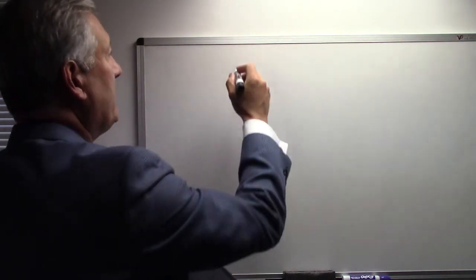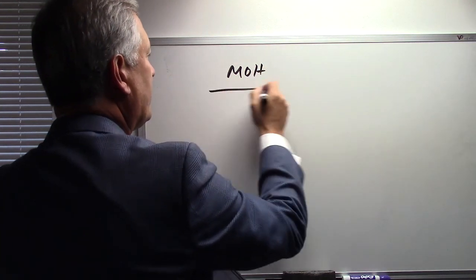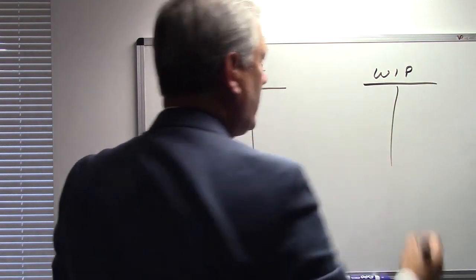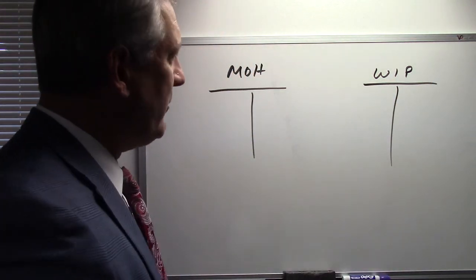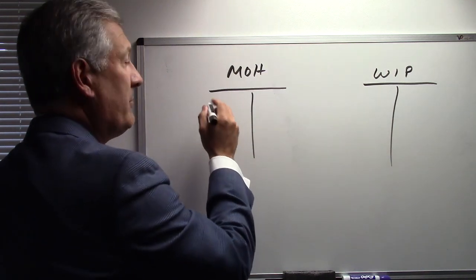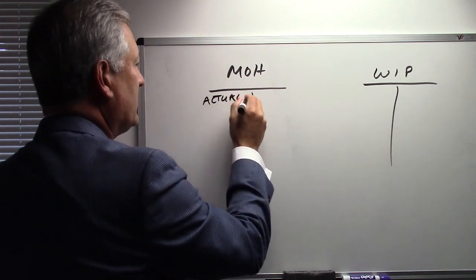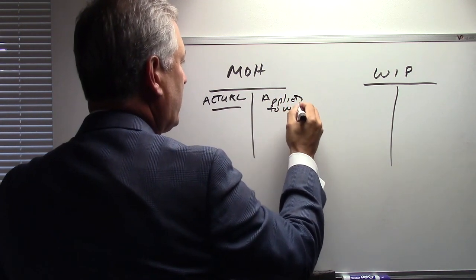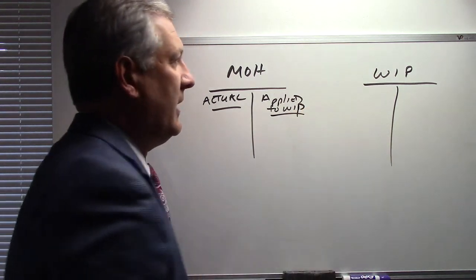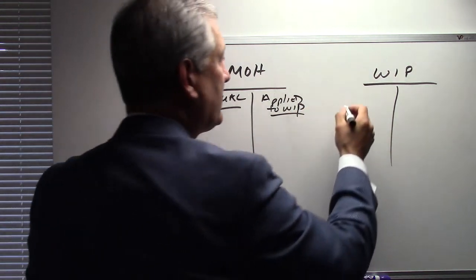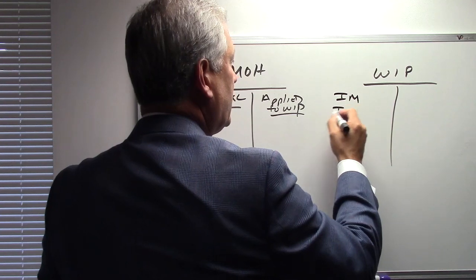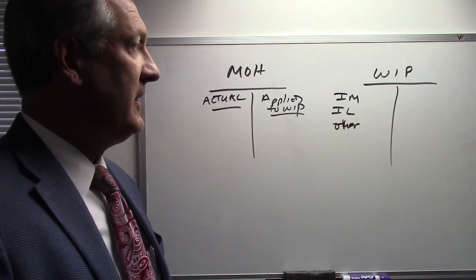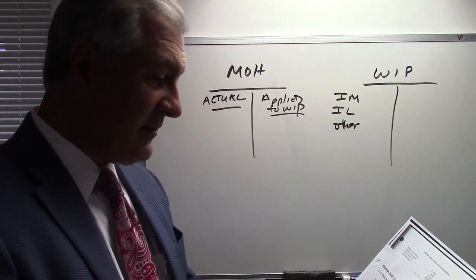We have manufacturing overhead, and we have work in process. Let's remember what goes in these accounts. For manufacturing overhead, it's the actual cost, and the credits represent applied to work in process. On work in process, it's direct materials, direct labor, and applied overhead. So let's take a look at them.